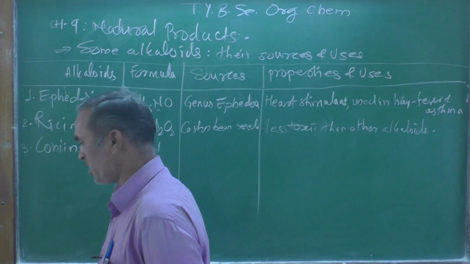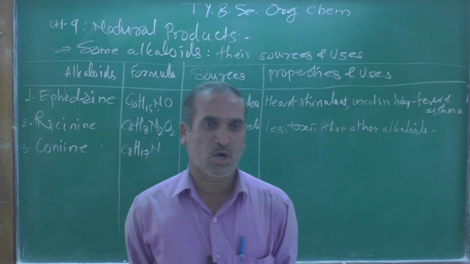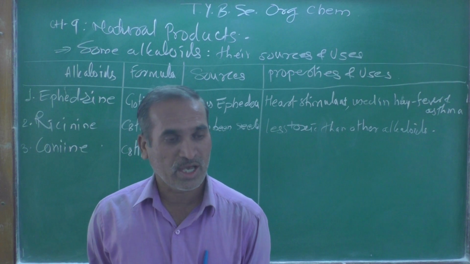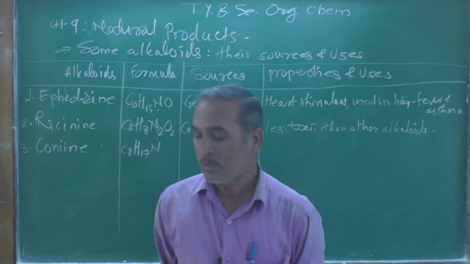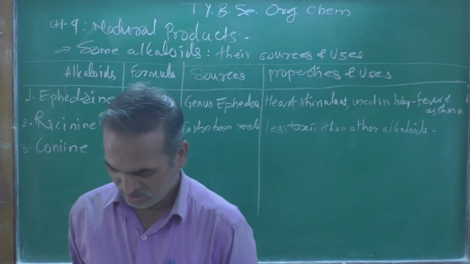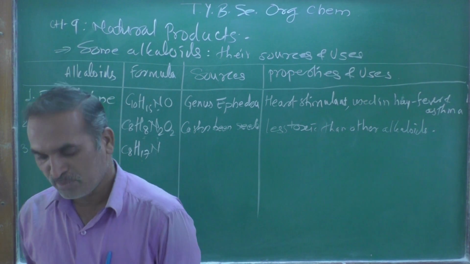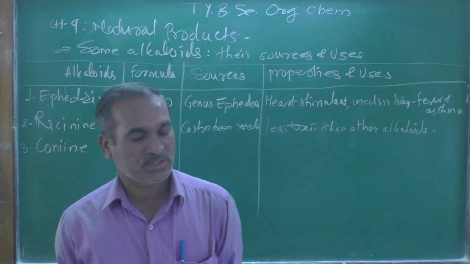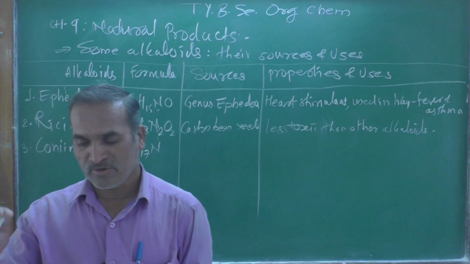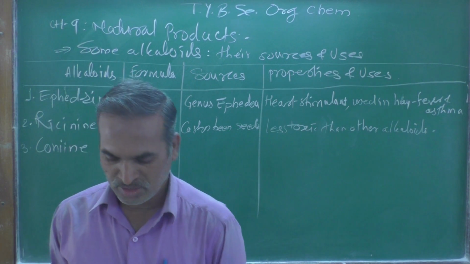That is a very new and interesting topic introduced at T.Y.B.Sc level, which we will discuss after completing this chapter. You will find why it is important and interesting during the study of that spectroscopic method.